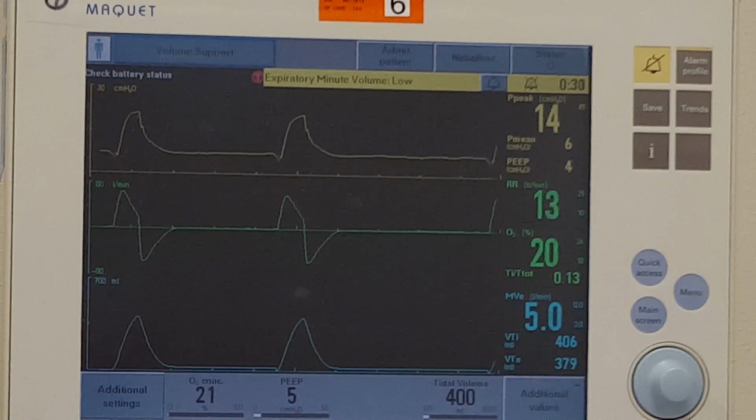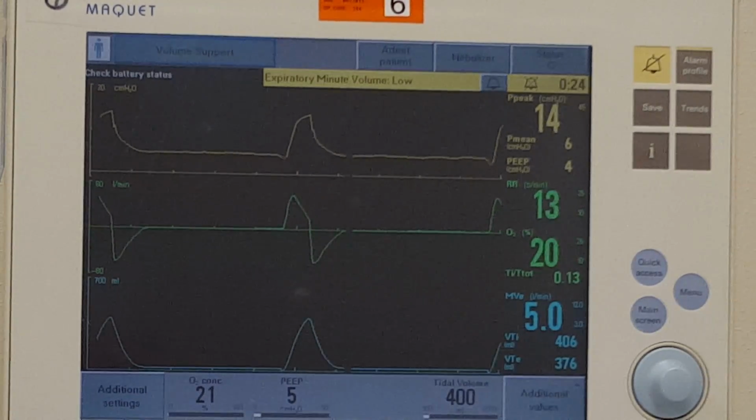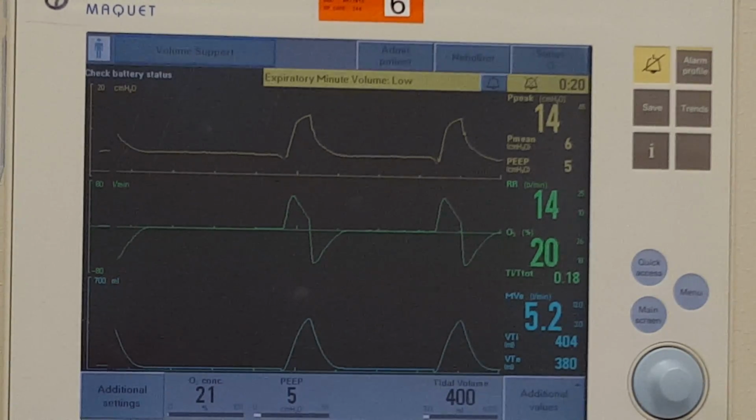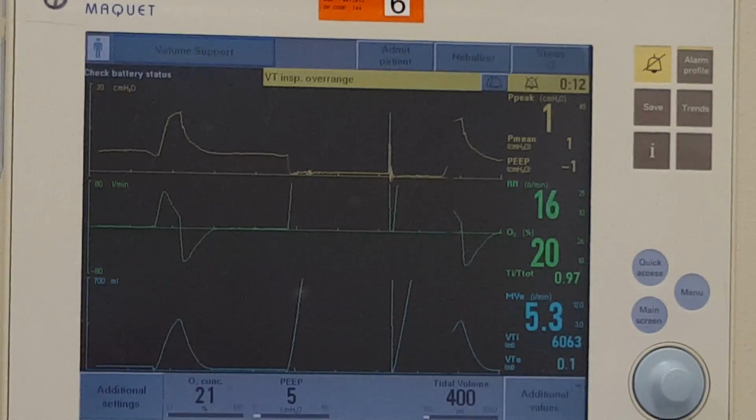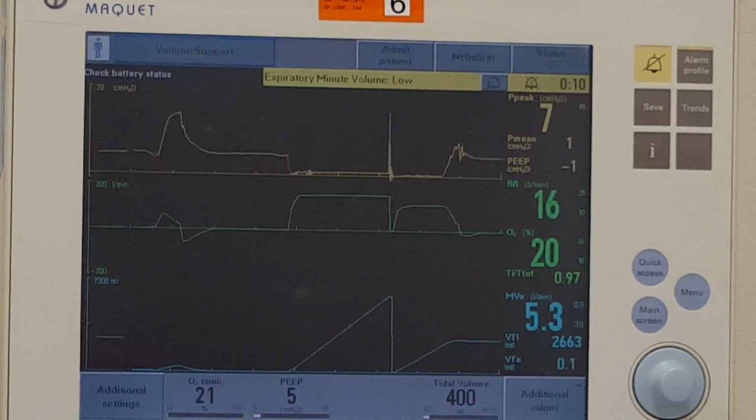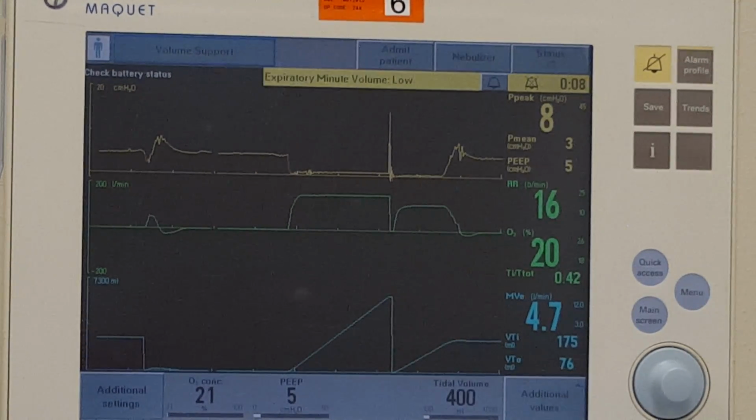Now, what's going to happen when compliance decreases to 20, which is the next request on your lab? So think about it. We are using pressure support to hit our volume target of 400 mils. Ventilator disconnected there, so I just had to reconnect it.